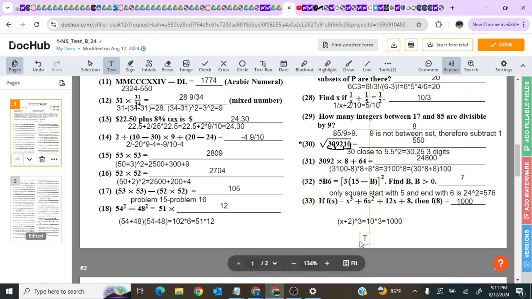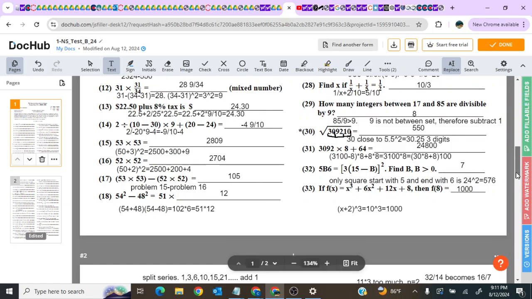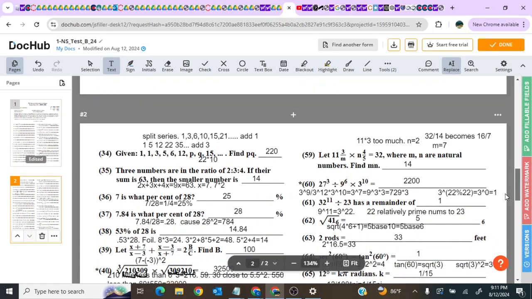If you don't understand anything I'm saying, then just ignore it, and you can plug it in if you want. But yeah, x plus 2 cubed gets you 1,000.